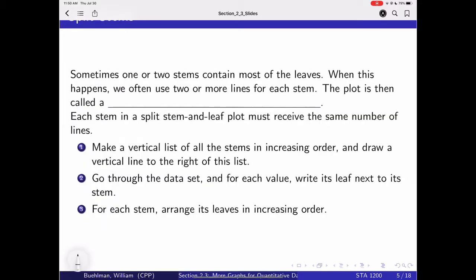So here we have another definition for what we call a split stem. Sometimes one or two stems contain most of the leaves. When this happens, we often use 2 or more lines for each stem. This plot is then called a split stem and leaf plot.